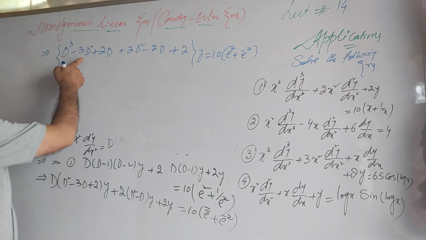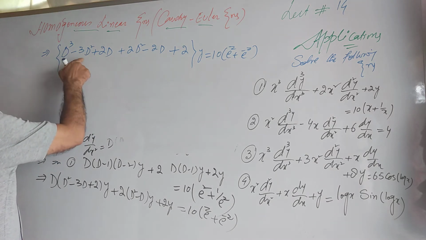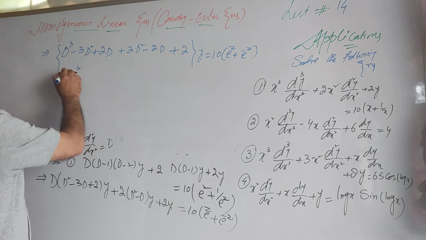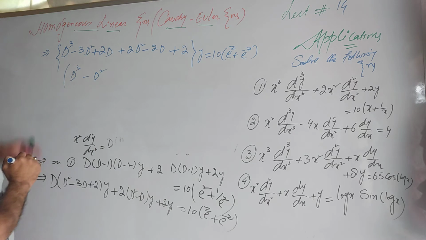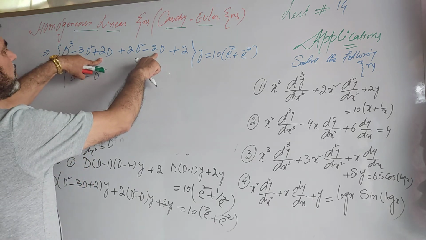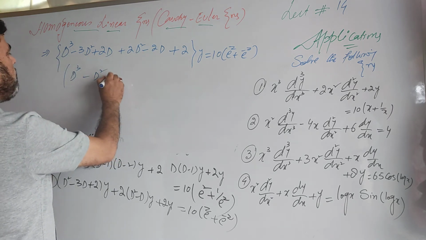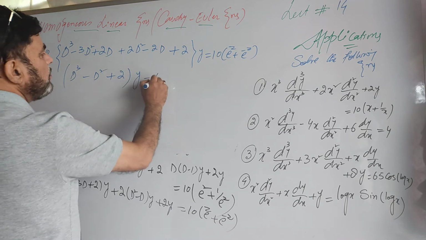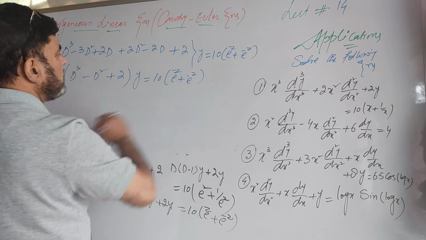This is D cube minus 3D square plus 2D square, which is minus D square, then plus 2D minus 2D goes, plus 2, into y is equal to 10 (e raised to power z plus e raised to power minus z).